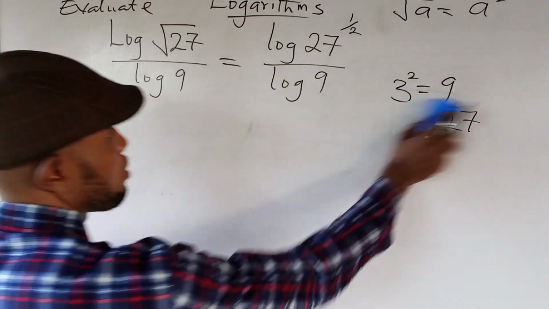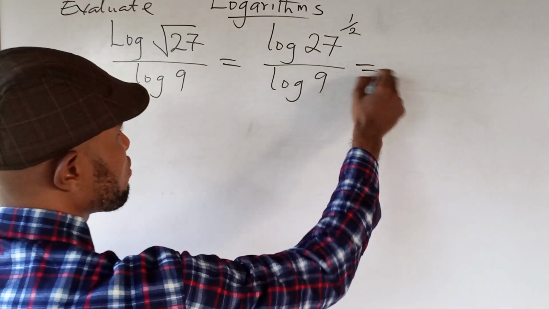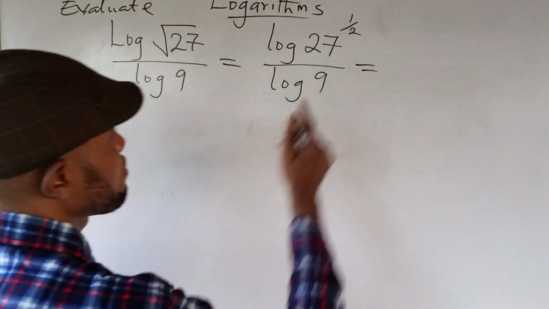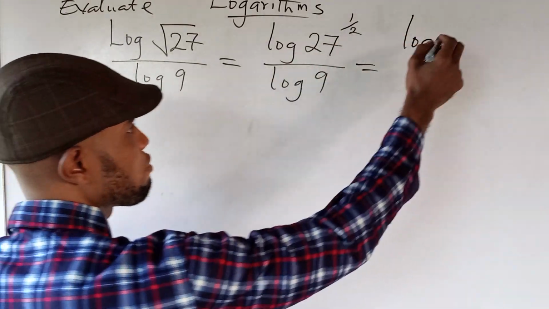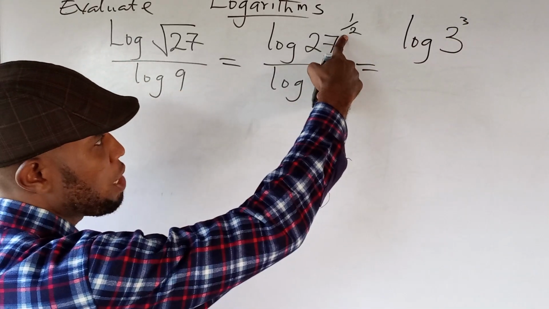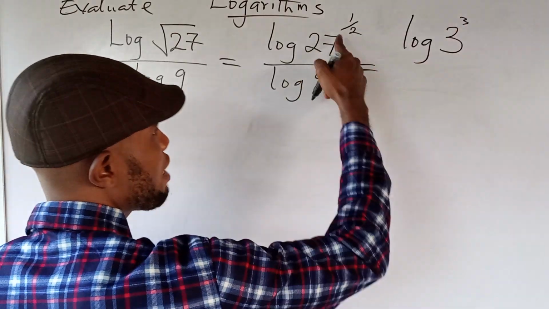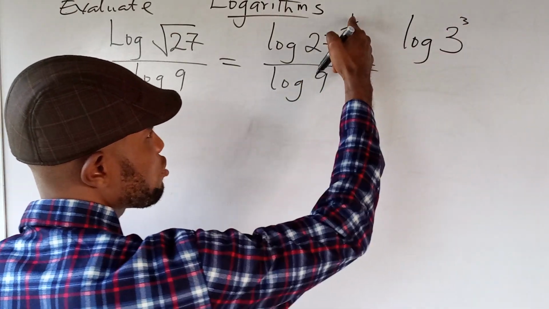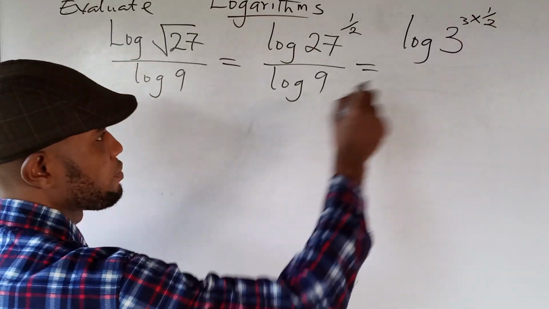So now to do that, we are going to have something like this. That would be log, instead of me writing 27, I'm going to write 3 raised to power 3. Now there is already a power of 1 over 2. So when I'm writing 27 as 3 raised to power 3, I have to multiply this power of 3 by this 1 over 2 that was already the power.